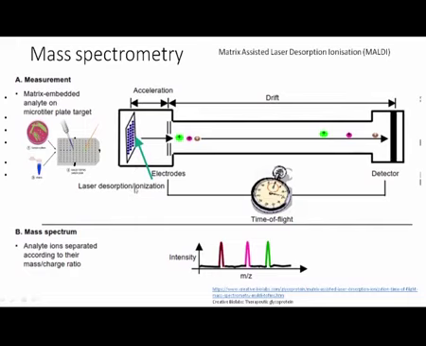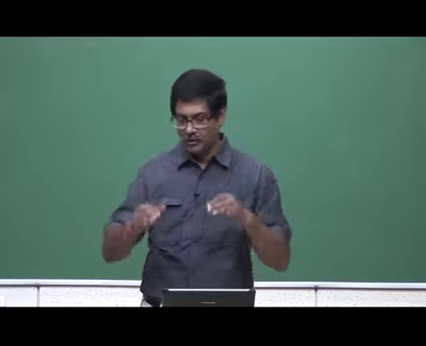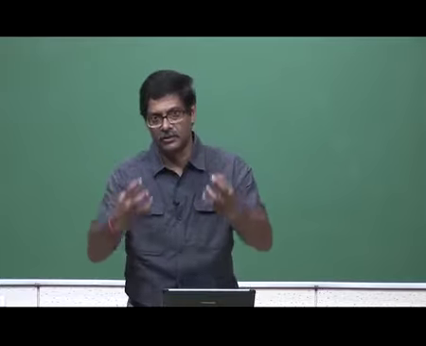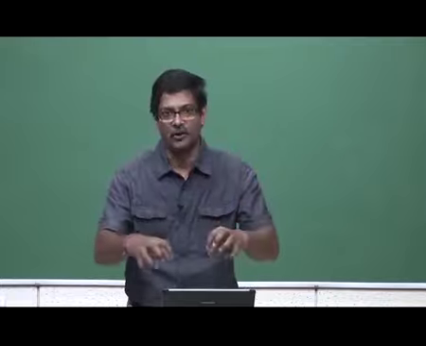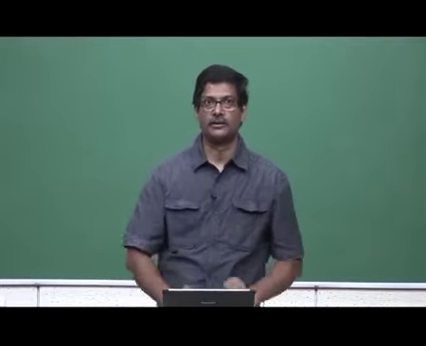Now, what does this laser do? This laser actually helps in desorption. You know something called adsorption. Adsorption is sitting on the surface or settling on the surface, it just gets adsorbed, it just sits on the surface.